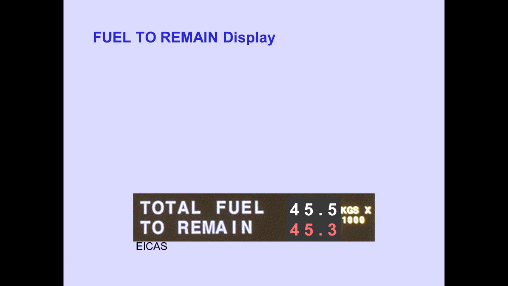The fuel to remain quantity is displayed as magenta until total fuel quantity equals the fuel to remain quantity. When both quantities are equal, the fuel to remain display turns white and flashes for 5 seconds.